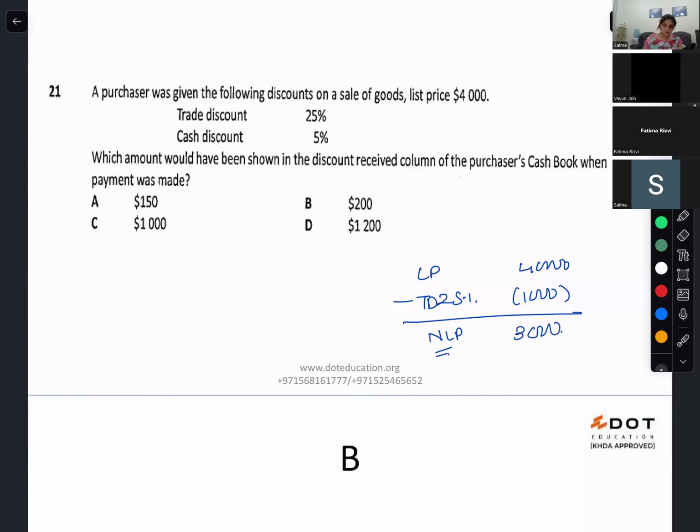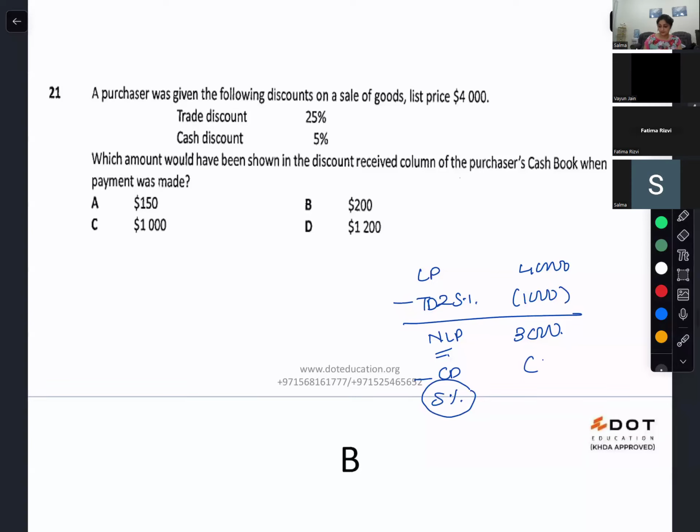From that, we'll have to subtract the cash discount, which is 5%. 5% is 150. So the total will be 2,850. But do you really need to go to the total? No, the question is just asking the discount received column of the purchaser's cash book. So how much will it be? 150. Okay, fine.